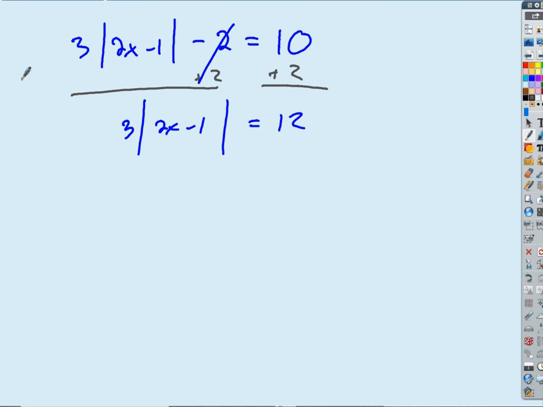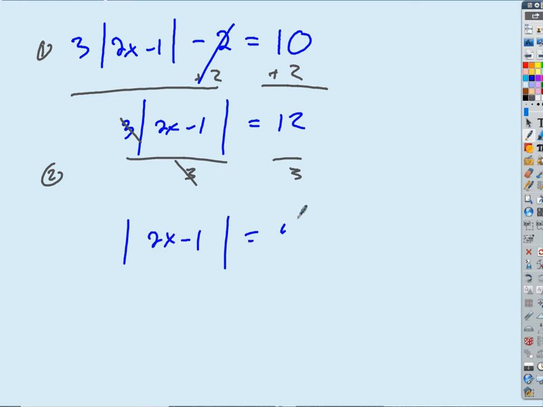Okay, so there was step 1, and there's step 2. The 3's cancel, and then I get the absolute value of 2x minus 1 equals 4, right?